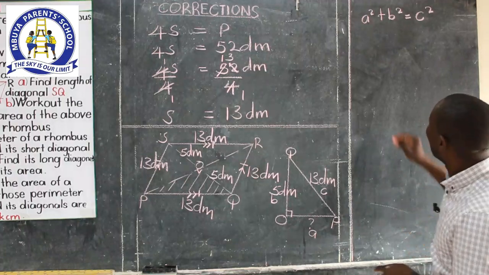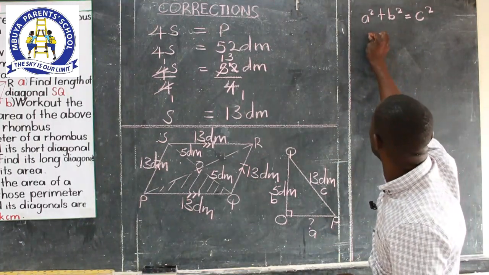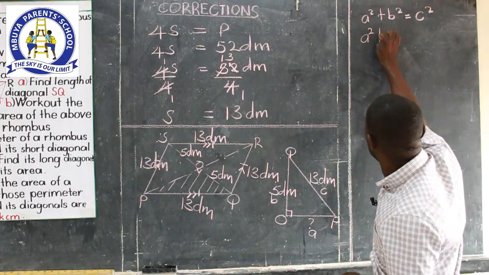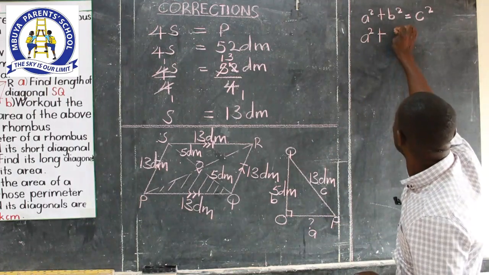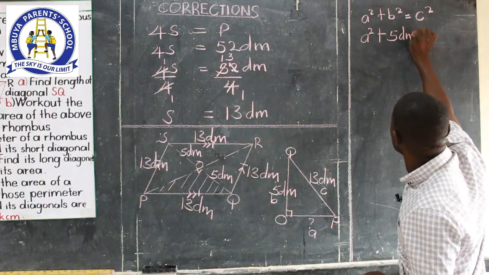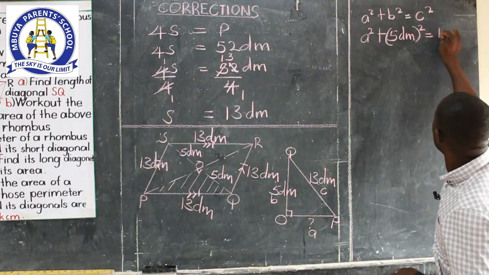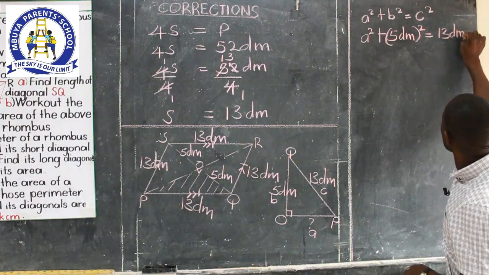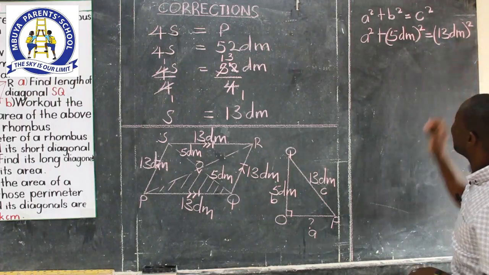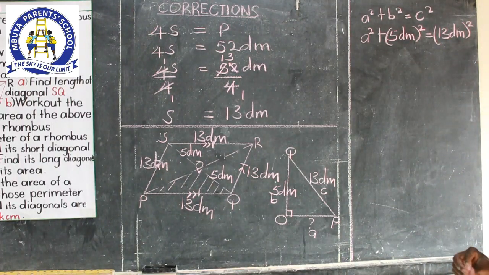Let's substitute and get our figures. So A is not given, it will remain, plus B, which is 5 decimeters, is equal to C, which is 13 decimeters. So let us simplify.